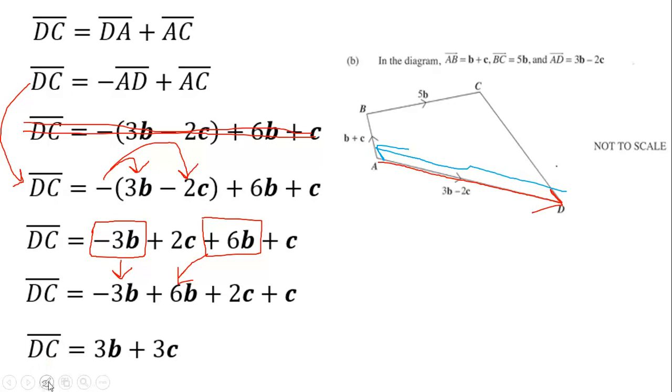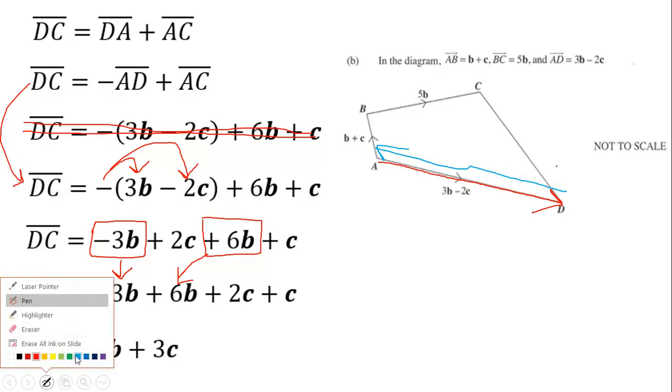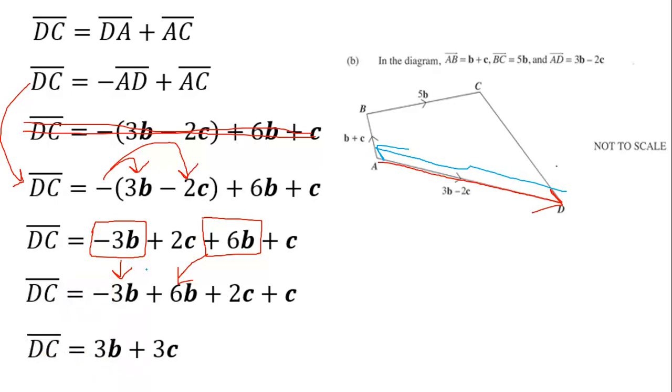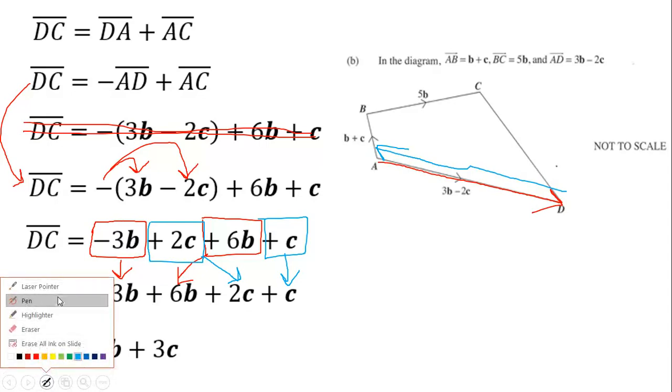Notice that we have plus 2C and we have C here, so we bring down the 2C and then the C. And so we have these terms grouped together now.